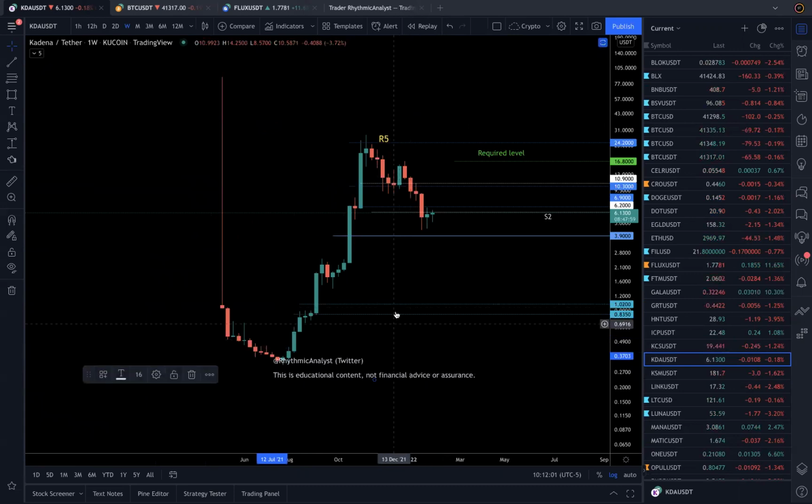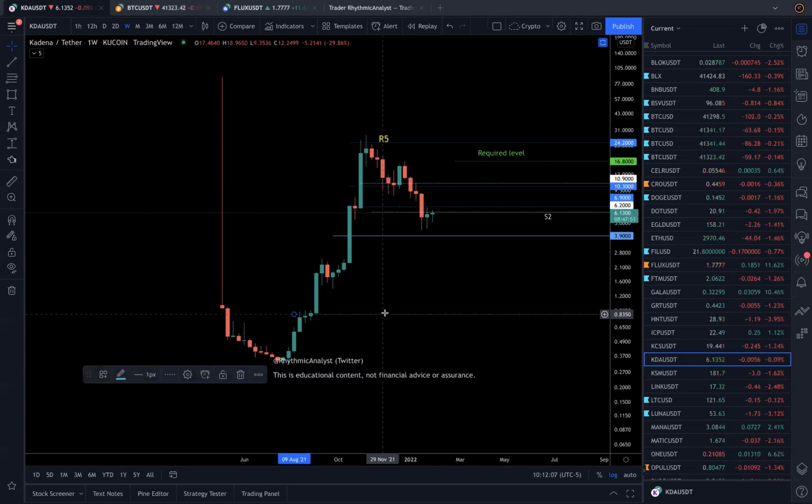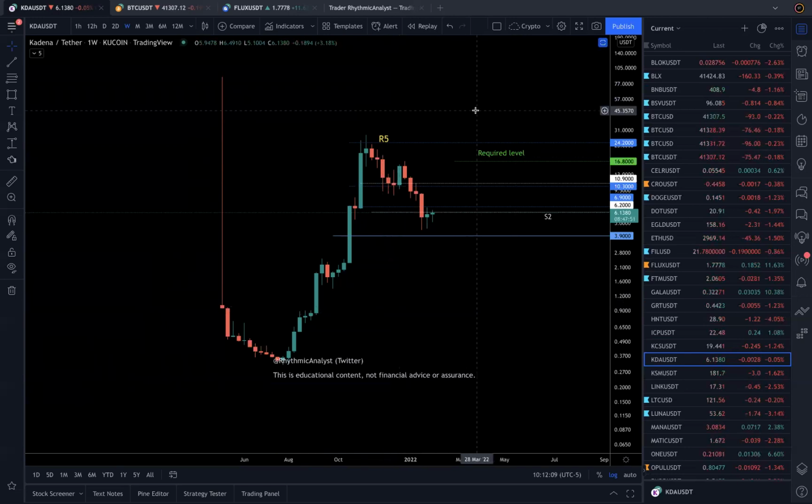KDA, these are old levels, I think. I can remove the old interim levels we had. Okay. Yeah, this is also an old one. So R5. So maybe this is R2. I don't remember. This is R4, R3, and R2.